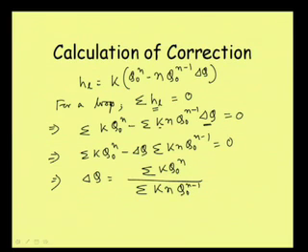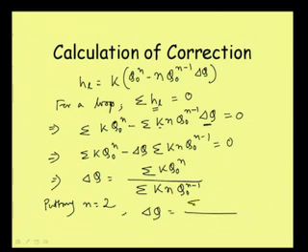Now, putting n equal to 2, we get the expression: delta Q is equal to summation of K Q0 square divided by summation of K, with n becoming 2, 2 K Q0.